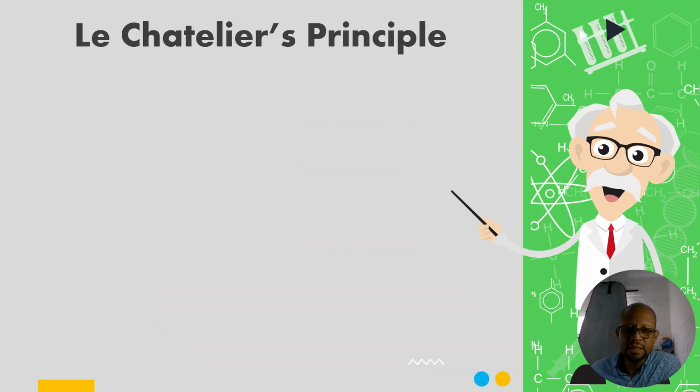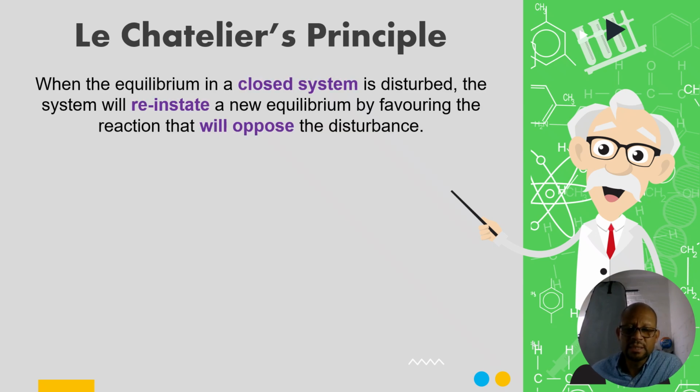Okay, Le Chatelier's principle, and this is a principle that we need to know. Now, Le Chatelier observed chemical equations, and he came up with the following principle to help us predict what's going to happen if there are any changes in equilibrium. He basically stated: when the equilibrium in a closed system is disturbed, the system will reinstate a new equilibrium by favoring the reaction that will oppose the disturbance.